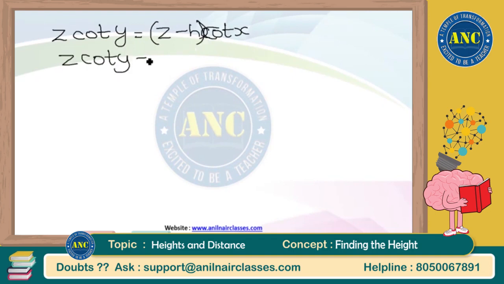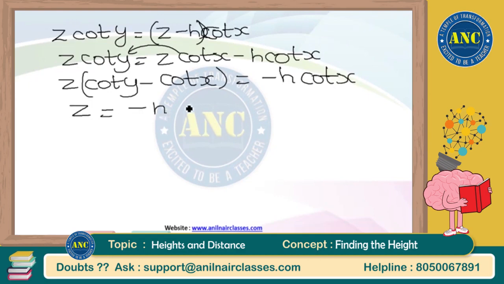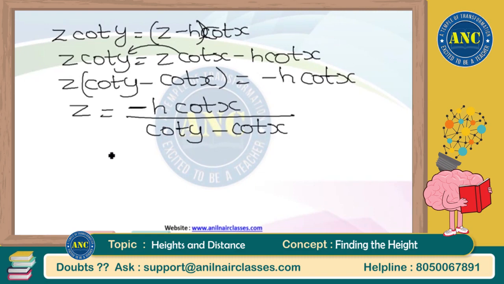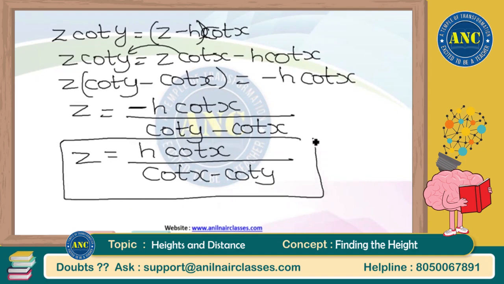It is Z cot Y is equal to Z cot X minus H cot X. Simplifying further, Z cot Y minus Z cot X, Z common, Z into cot Y minus cot X is equal to minus H cot X. So Z will be equal to minus H cot X divided by cot Y minus cot X. If I move this minus from the numerator to the denominator, H cot X divided by cot X minus cot Y will be the answer for my Z, and Z is nothing but the height of the building.